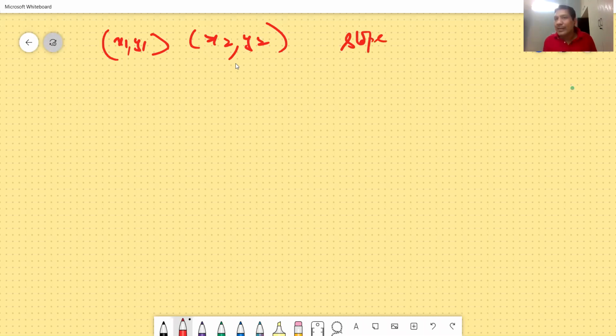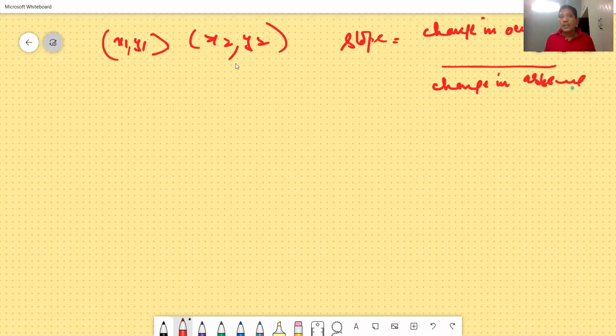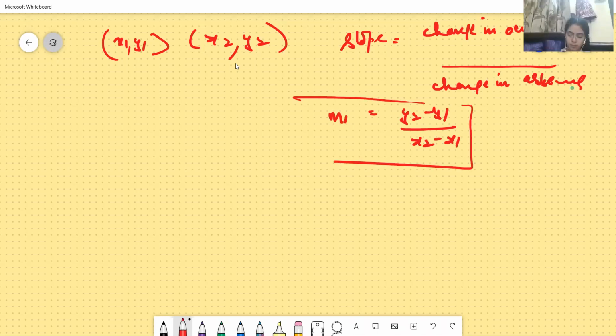So I told you that slope is basically the change in ordinate and change in abscissa. That gives you (y2 minus y1) upon (x2 minus x1).